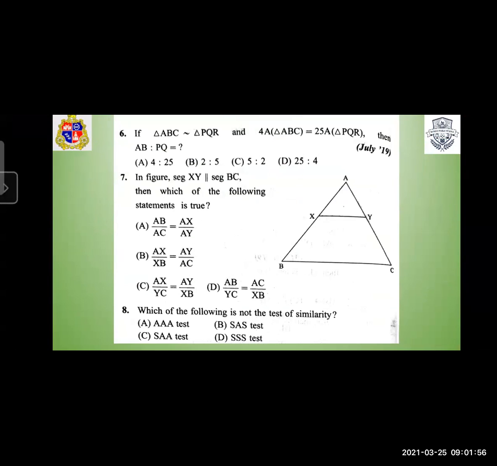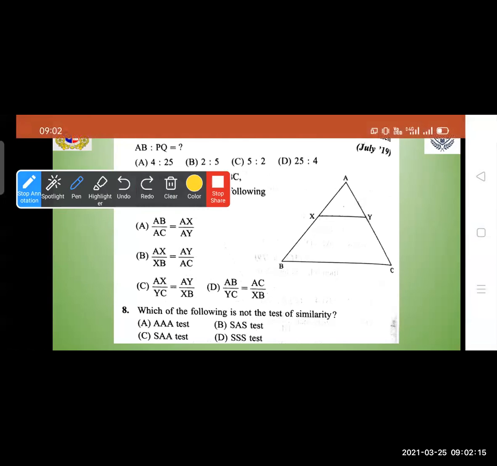Again we solve. See, question number 6: if triangle ABC is similar to triangle PQR and 4 times the area of triangle ABC is equal to 25 times the area of triangle PQR, then find AB is to PQ. Again simple. First you write the ratio of areas, A1 by A2 is equal to AB square by PQ square.